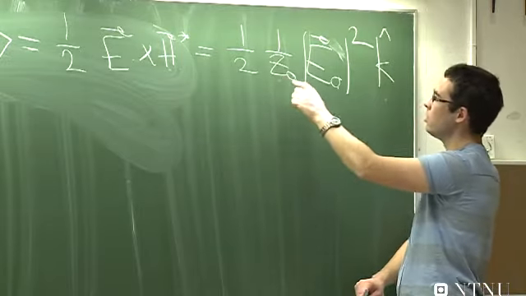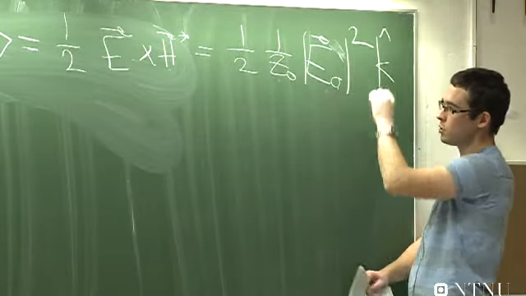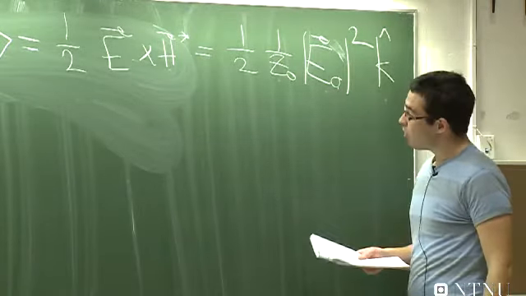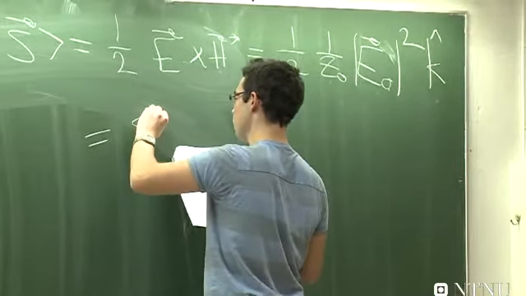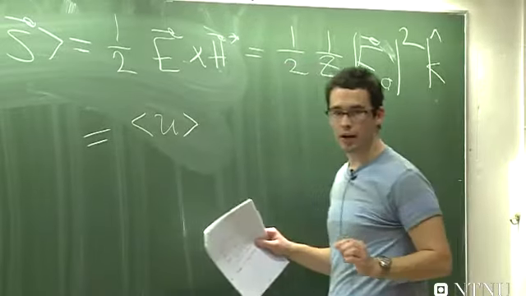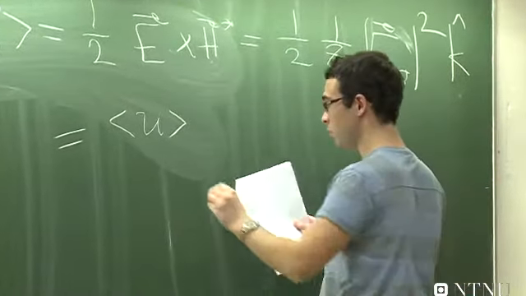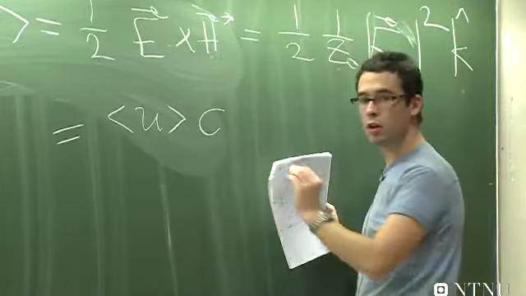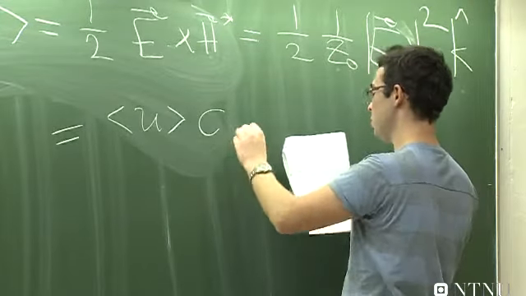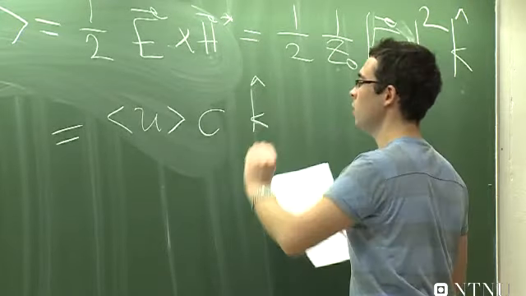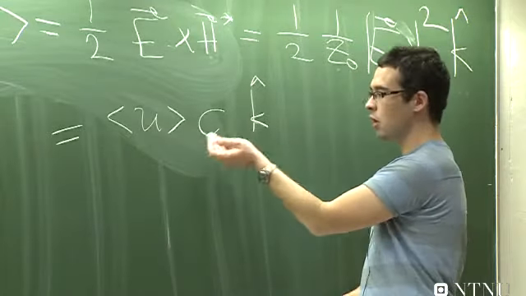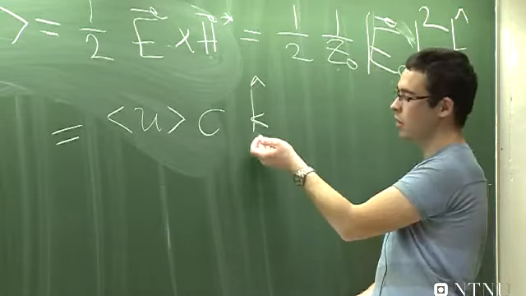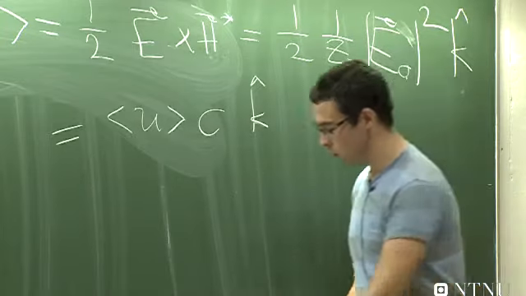There's a factor Z0, and it's E0 absolute value square. But this is incidentally the same as, well, it's proportional to the energy density in the plane wave, time averaged, times the velocity of the plane wave, times k hat. Meaning that it's simply the energy density in the plane wave times the velocity of the plane wave going in the direction of the plane wave. It all makes sense.